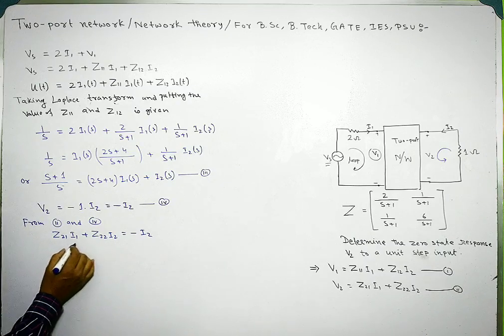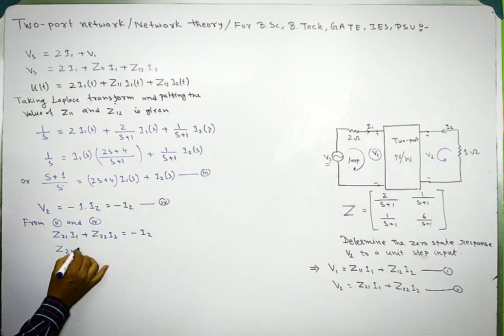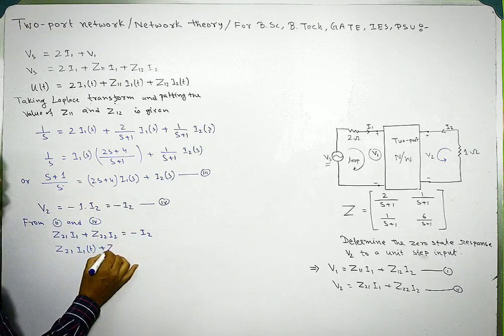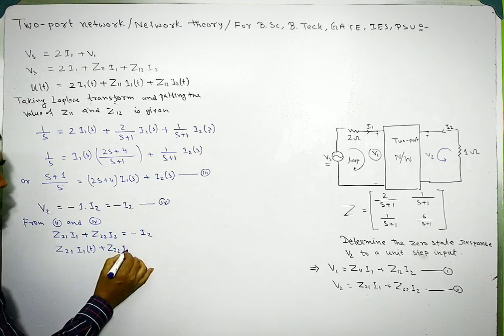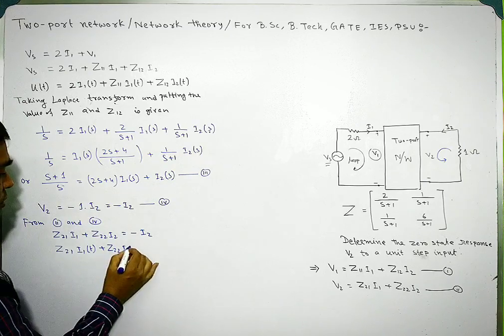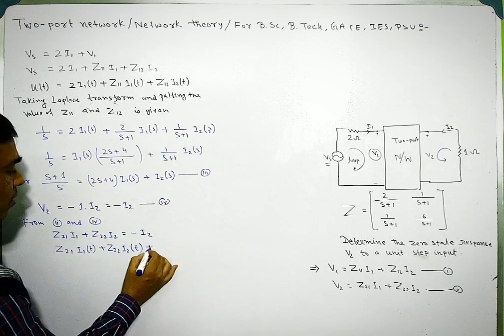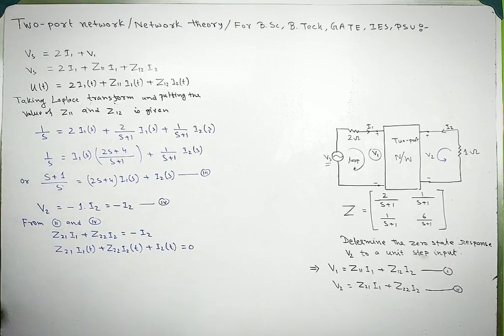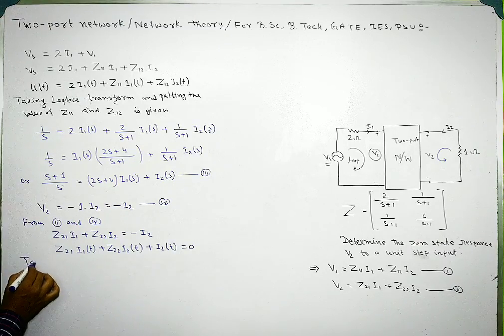All of these are in the time domain, so that means Z21 I1(t) plus Z22 I2(t) plus I2(t) equals 0.